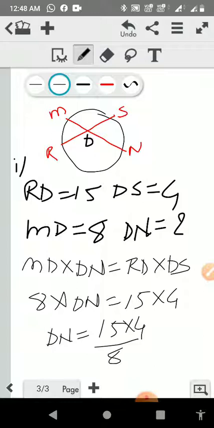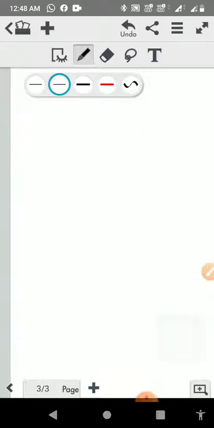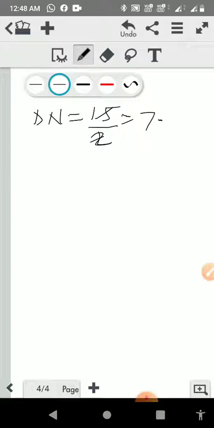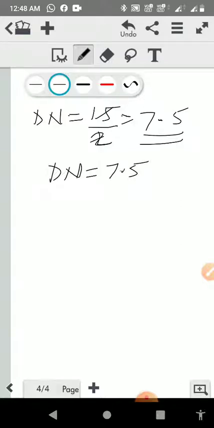Then 4 1s are 4, 4 2s are 8, so I will get DN equal to 15 divided by 2. 2 7s are 14, 1 is remaining, the point is there, and 2 5s are 10. So I will get 7.5 units.